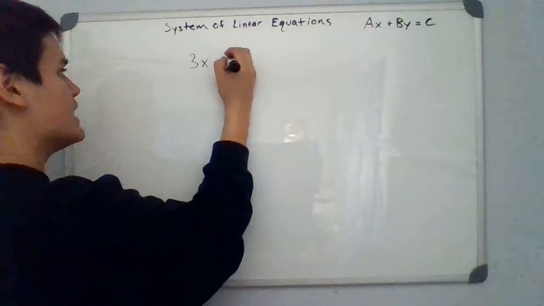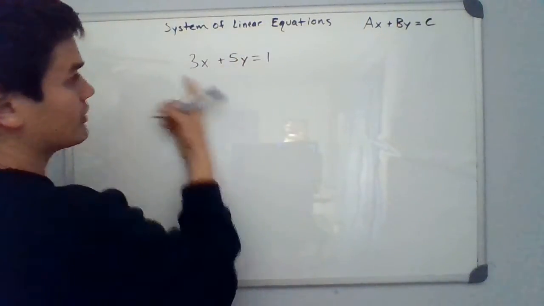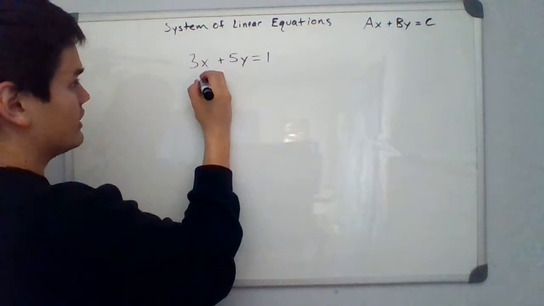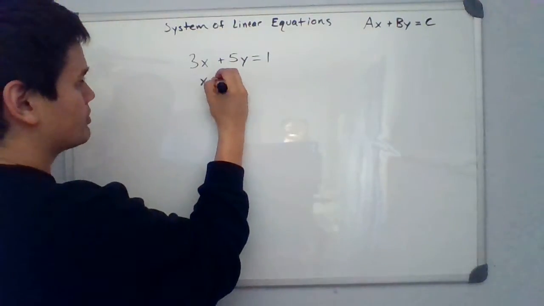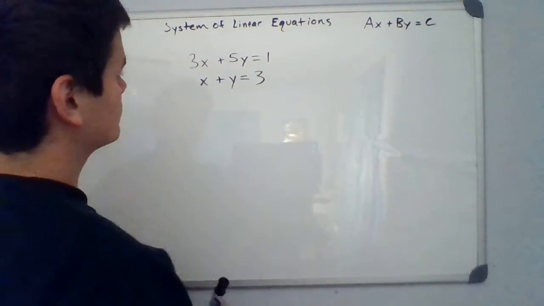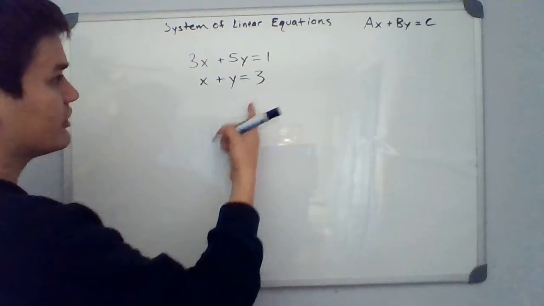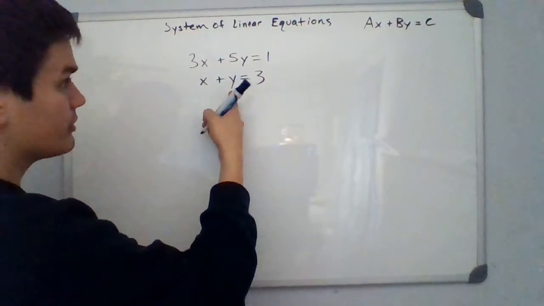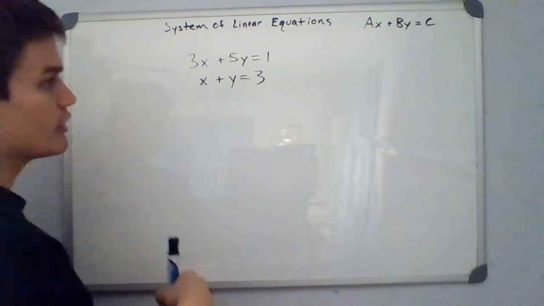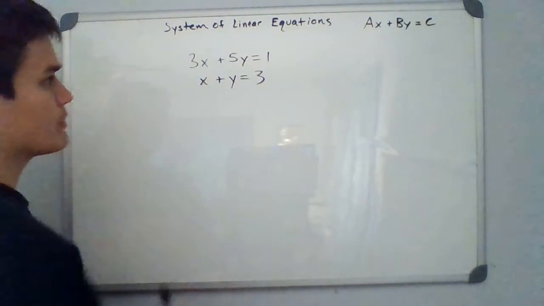Let's say 3x + 5y = 1. That's one line in our xy plane. And then let's say x + y = 3 is another line that I'm solving for. One way I can solve this is to solve for one of these variables, substitute it into the other equation, solve for x, and then go back and solve for y.